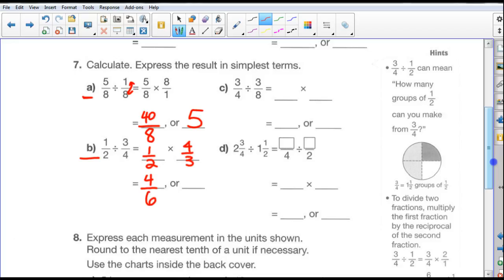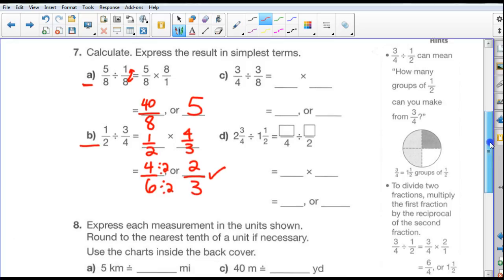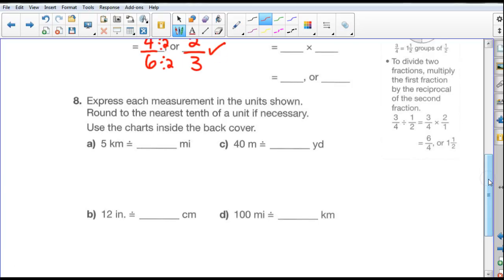Okay, we've got a fraction of 4/6 as our answer, but we can simplify that. What number divides equally into 4 and 6? Well, it's the number 2. So 4 divided by 2 is 2, and 6 divided by 2 is 3, so we can say that our answer is 2/3. Okay, you guys can go ahead and work on C and D.